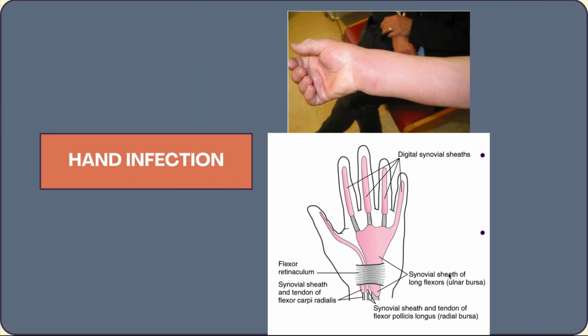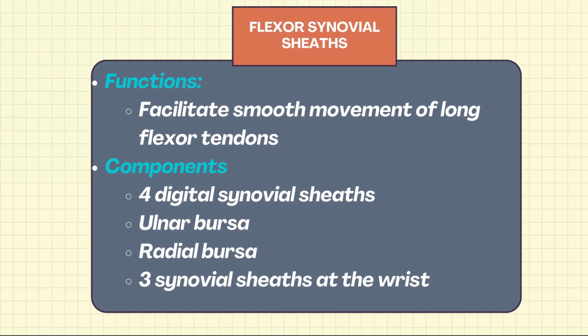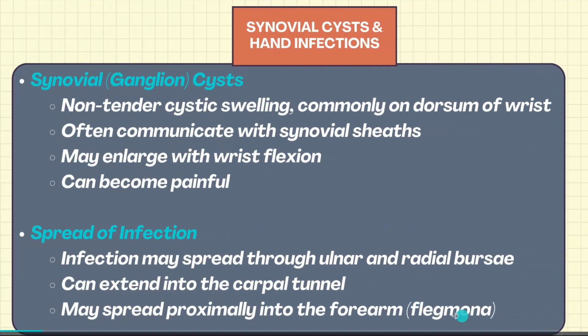Now, for hand infections, if you have an infection in the synovial sheath, specifically in the pinky or the thumb, the infection is going to spread towards the forearm through the ulnar bursa from the pinky and the radial bursa from the thumb, which causes a condition called, I think, phlegmon. Here's the writing of everything that I just said. I just want to confirm. Yes, it's called phlegmon.